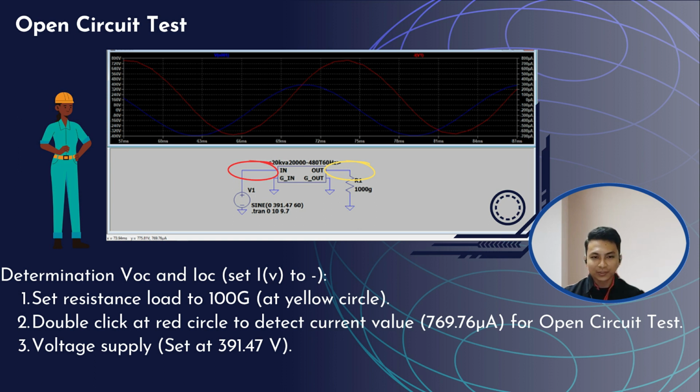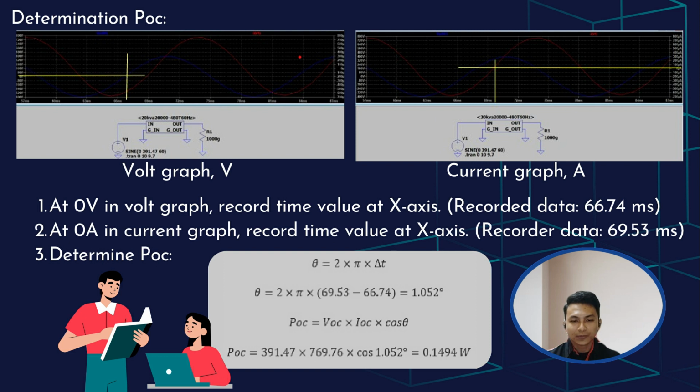Next, to determine the open circuit value, we must set the load resistance to 100 giga to imitate the open circuit condition. Then the supply voltage and current value after we run the simulation are 391.47 volt and 769.76 microampere. Next, to determine the open circuit power, we must determine the theta value first.